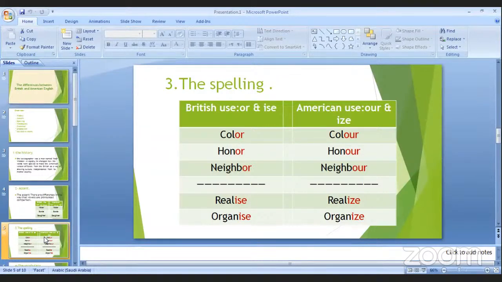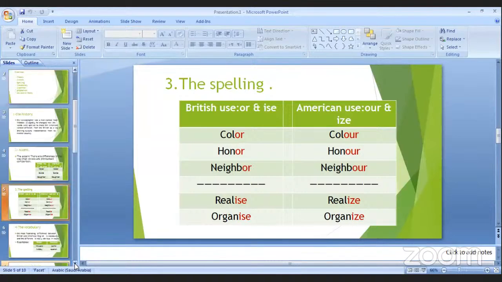In British English, we say colour, honour, neighbour. Continue. They simply end in OR in American English: we say color, honor, neighbor. The same meaning with the words that end in ISE in British English. So, realise, organise, but in American English, realize and organize.